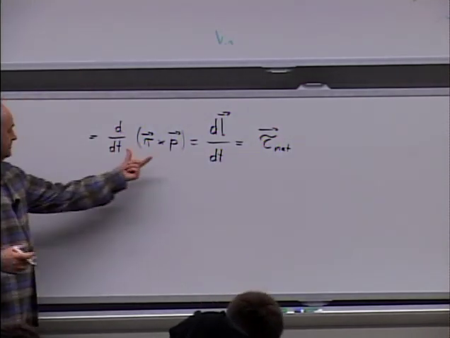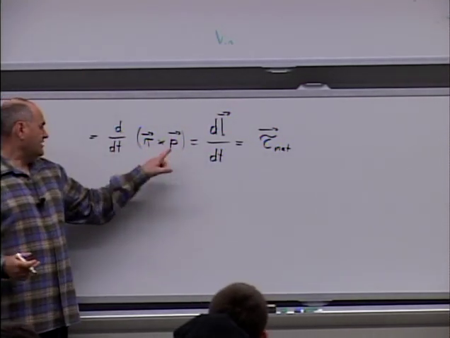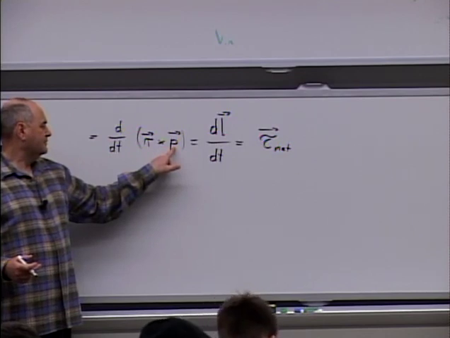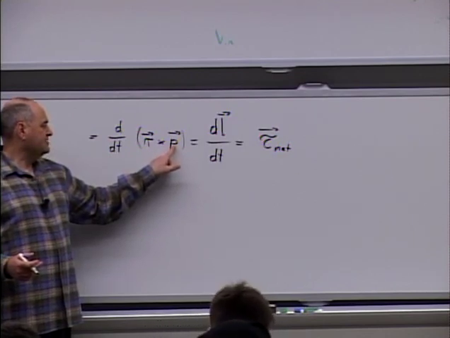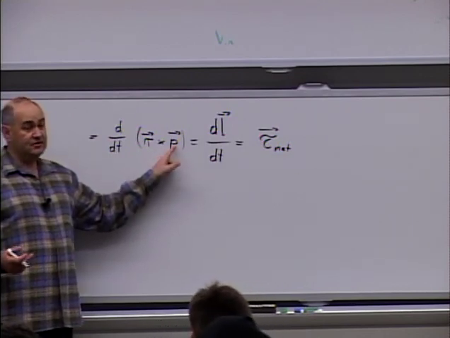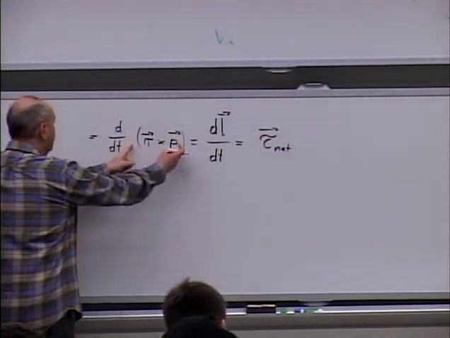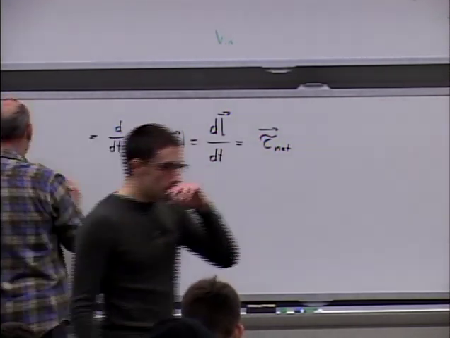So here I have a product, and actually I recognize that here I have mass times velocity. Momentum is mass times velocity. So I can use now the product rule.